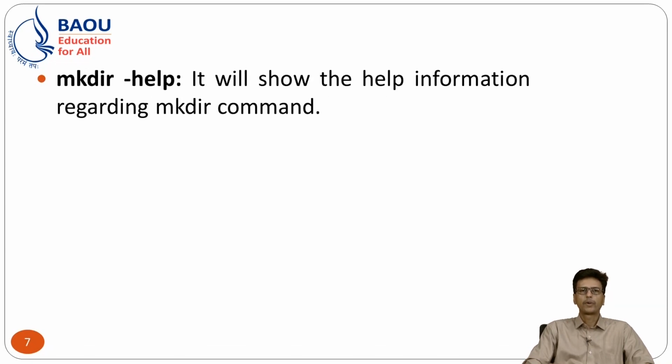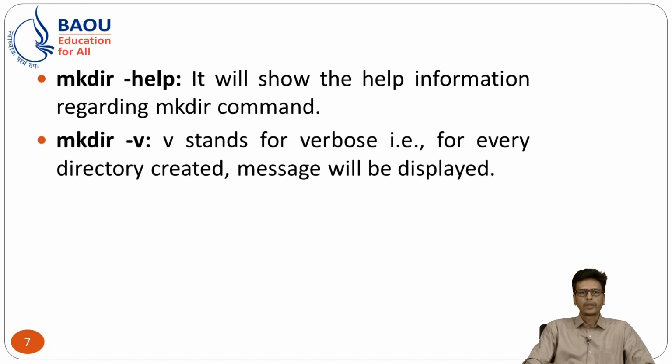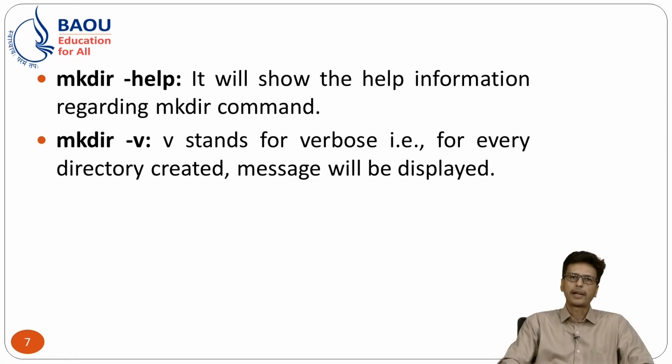The help option provides you the documentation, and all other options related to mkdir can be displayed by using this command. Then we discussed mkdir with the v option. So v is nothing but verbose. If you are creating multiple directories and using this v option, then each and every directory that is created will be displayed line by line. So by using the v option, you can see which directories you are creating.